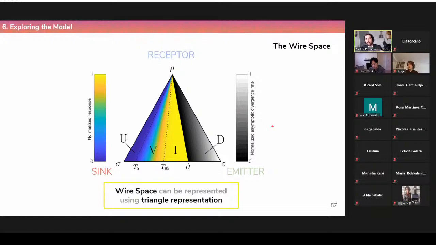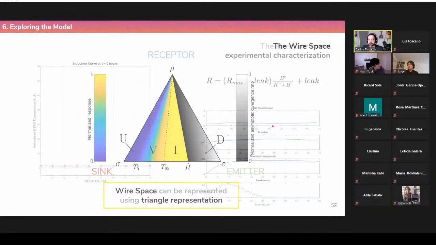Okay, so the wire space can be represented using this triangle representation, and gives us meaningful information about how it behaves.